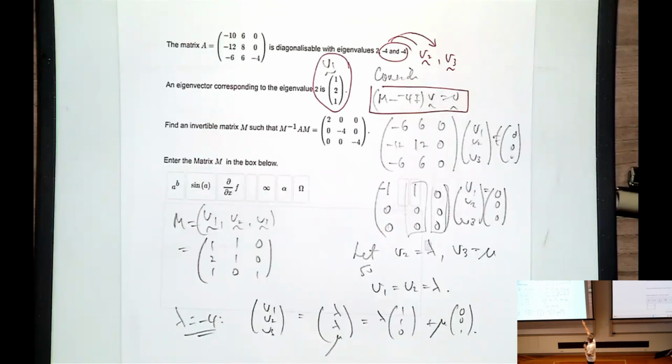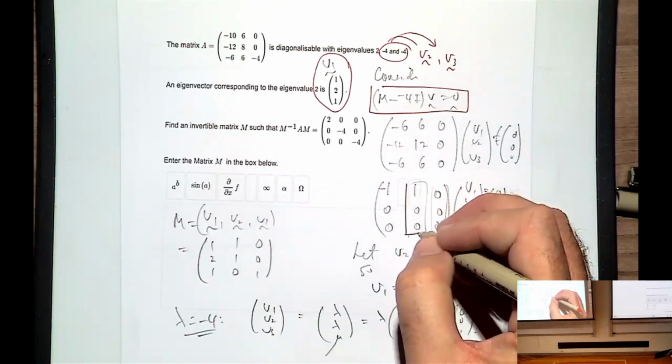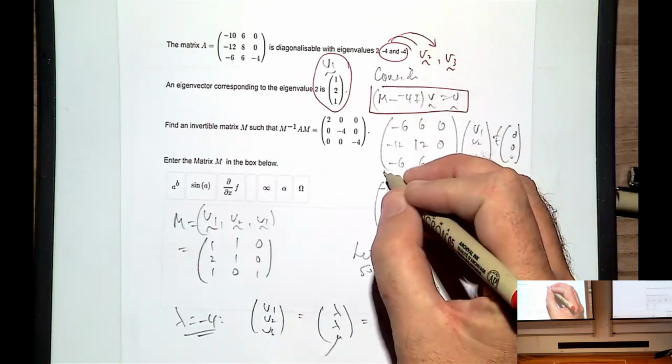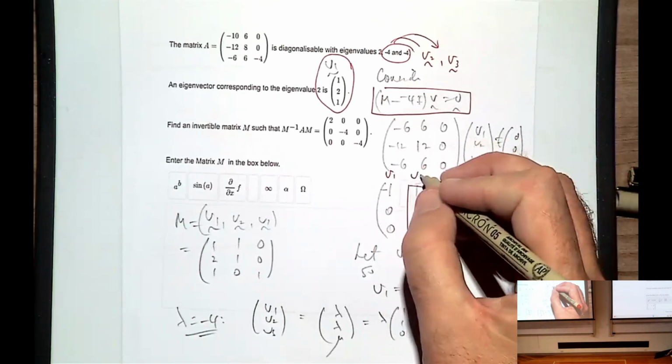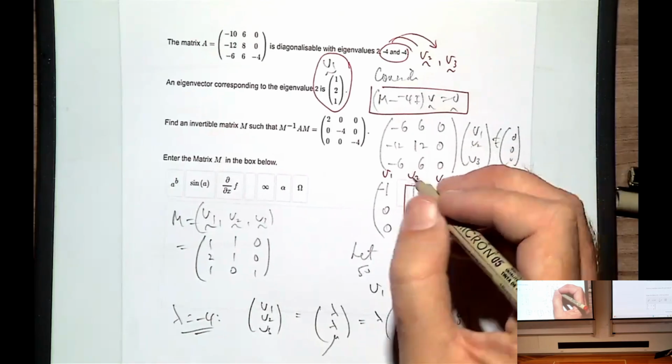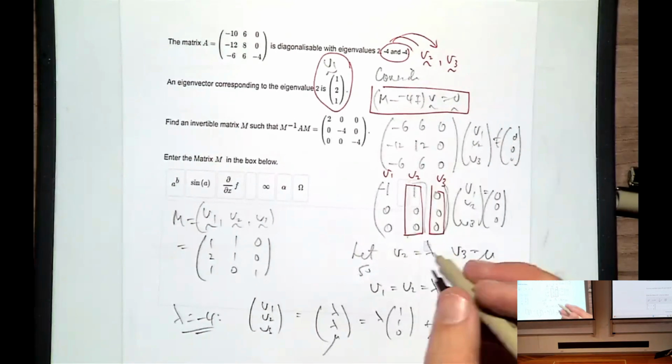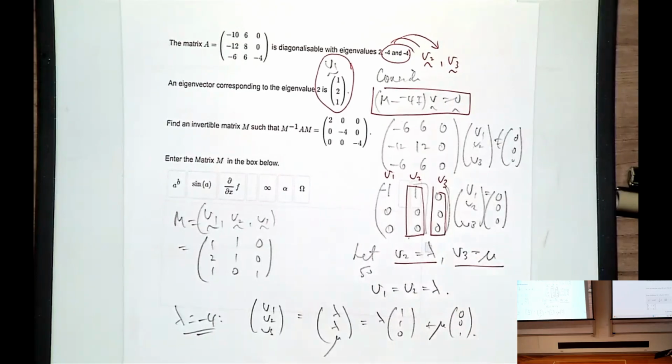So I've got a system of equations. I can row reduce, and then I look for the non-leading columns. So that's one non-leading column, that's another. This is the V1 column, the V2 column, the V3 column. So I'm going to let the non-leading columns be my parameters.